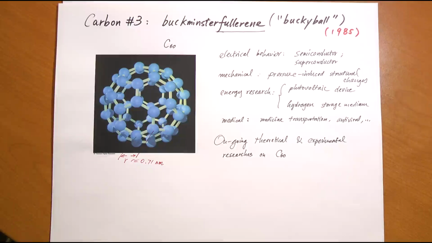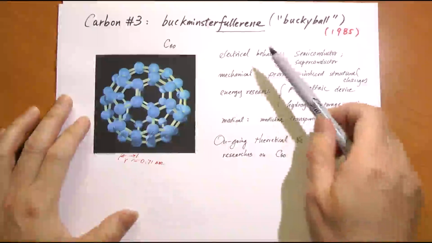They are of great interest not only to theoretical physicists, they're also of great interest for industrial applications, because if there's only one word I can use to describe all these materials, that would be versatility. We can think of all kinds of applications for buckyballs and for other fullerenes. Take a look at buckyballs.